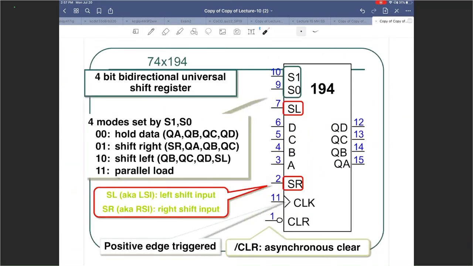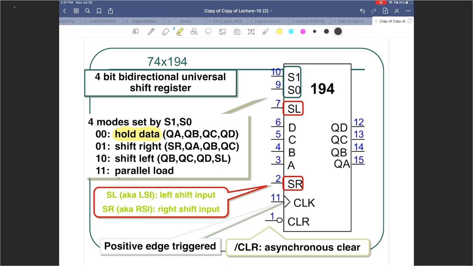The next thing that we talk about is the 74X194, which is a 4-bit bidirectional universal shift register. And the reason why this is a universal shift register is because it can do many things. It can hold data, which means store it, don't let it change.